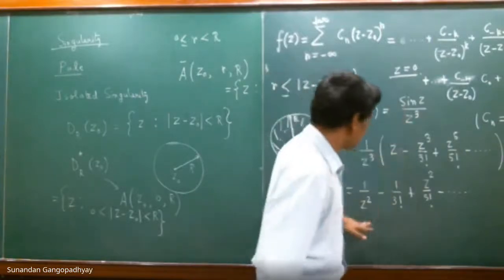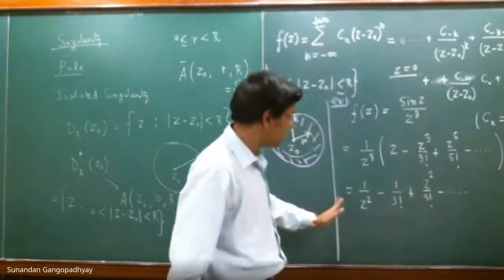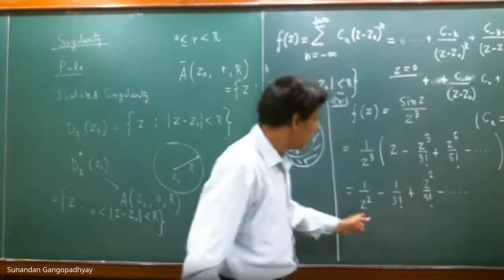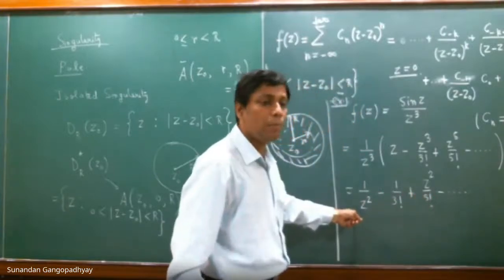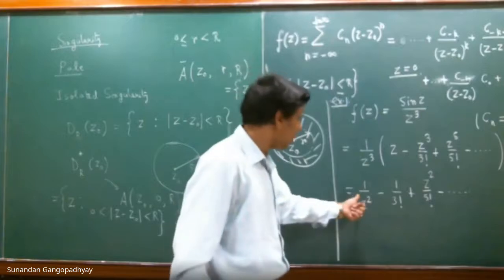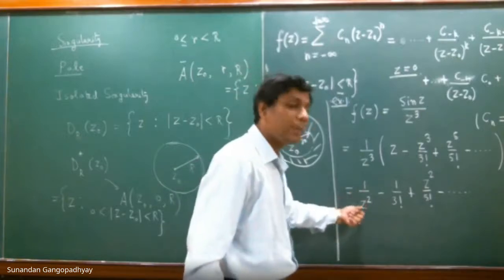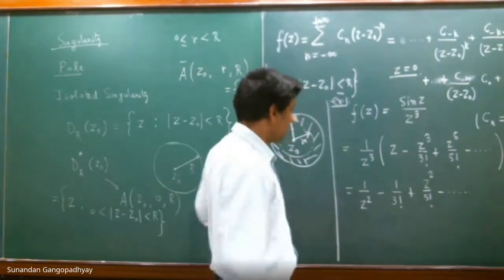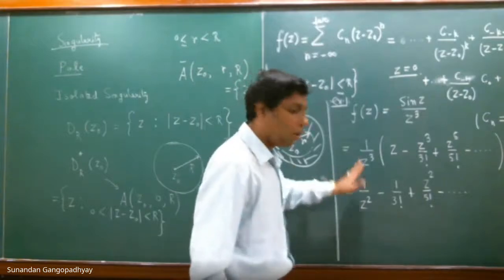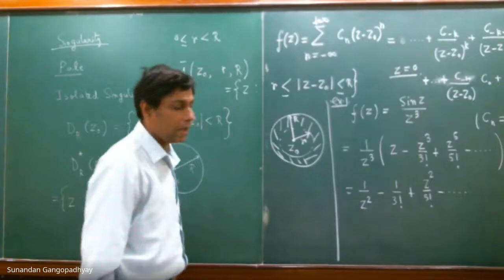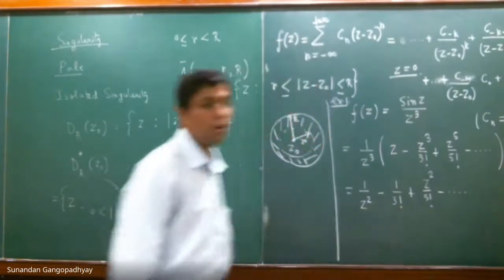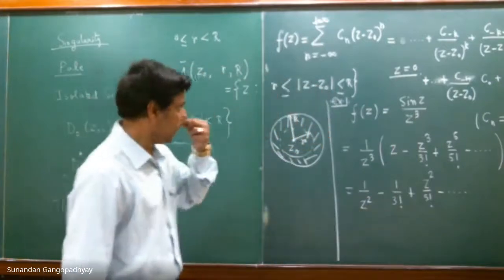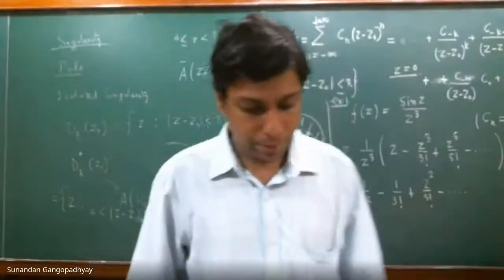This is a Laurent series expansion. You can see the form is like a Laurent series expansion. And therefore, this has a pole of order 2. Because all the terms, the coefficient of the 1 by z cubed term, if I go like this on the left hand side, all the coefficients vanish. And therefore, this has a pole of order 2. So this is one example, a very simple example.